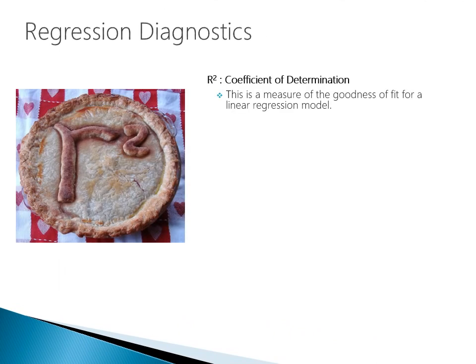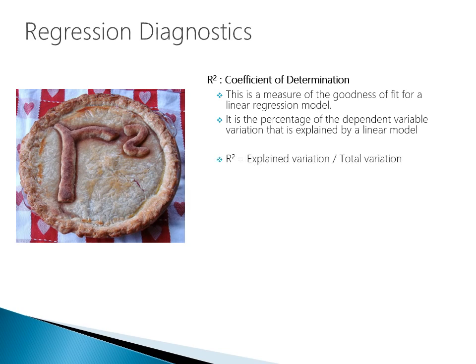The coefficient of determination, or R squared, is a measure of the goodness of fit for a linear regression model. It is the percentage of the dependent variable variation that is explained by a linear model. So the R squared is the explained variation divided by the total variation.